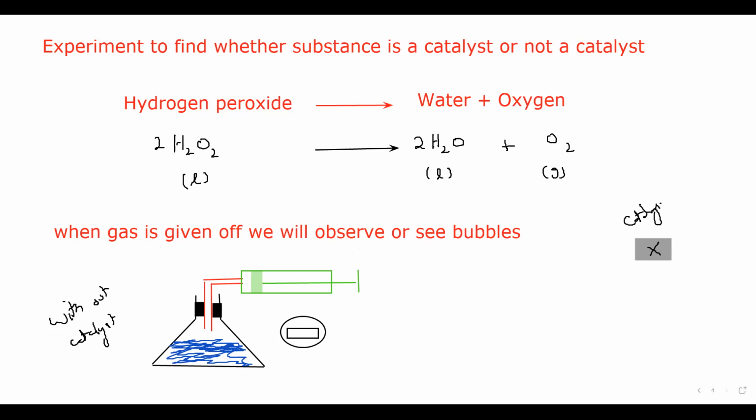So what we will do is repeat the experiment. We'll take a conical flask and fill it with the same amount of hydrogen peroxide. The blue is representing the hydrogen peroxide.